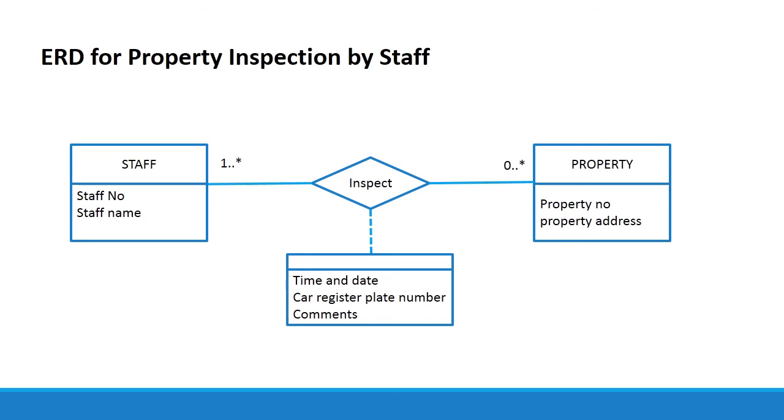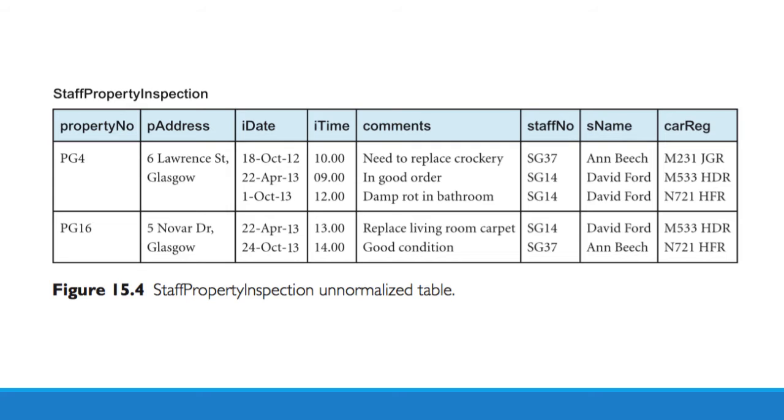Okay, let's start the normalization. For example, we have an unnormalized table that looks like this. For property number PG4, at the address 6 Lawrence Street, Glasgow, there are 3 different sets of records.